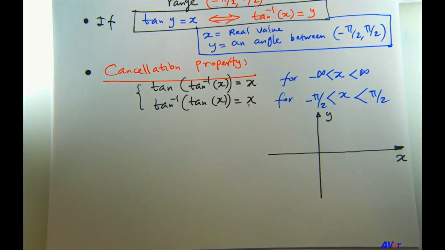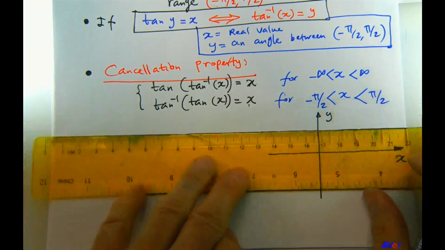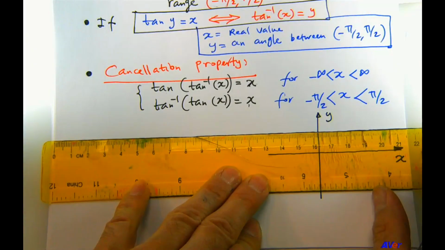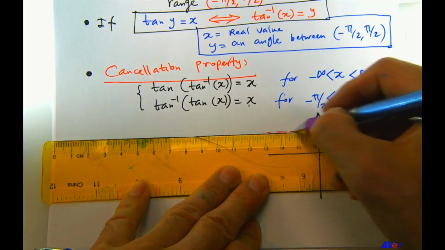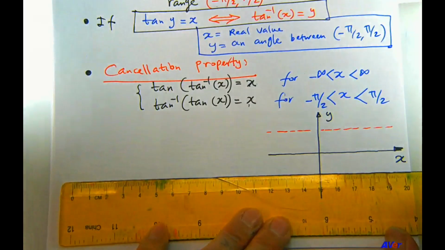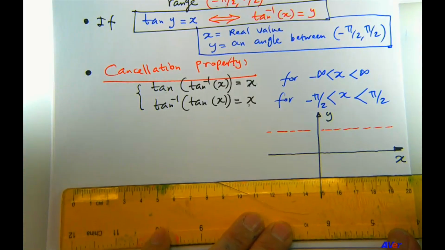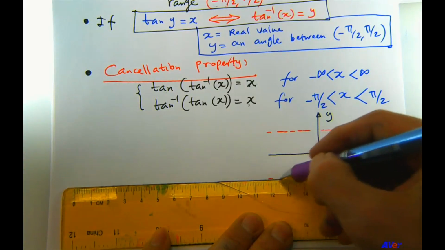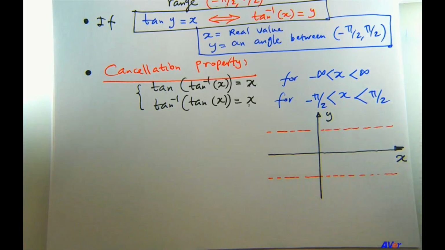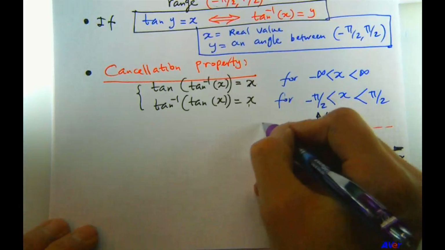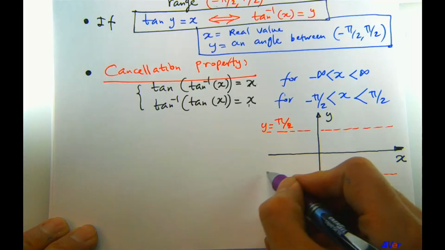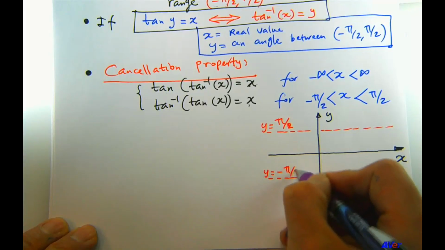So let's draw horizontal asymptotes there from pi over 2. So this is going to be positive pi over 2. And this is going to be negative pi over 2. Like that. So this is going to be y equals pi over 2.